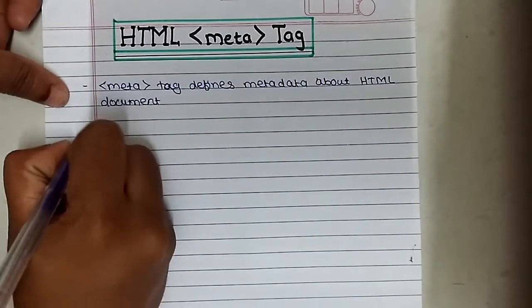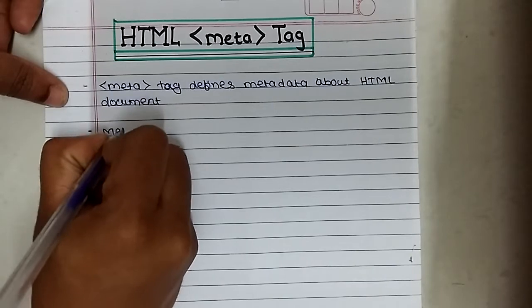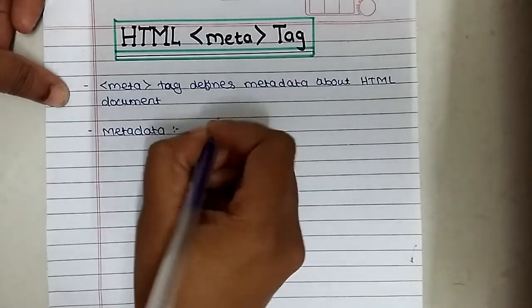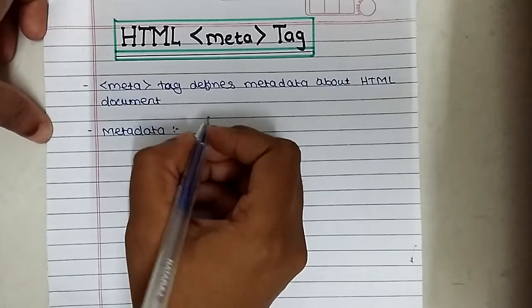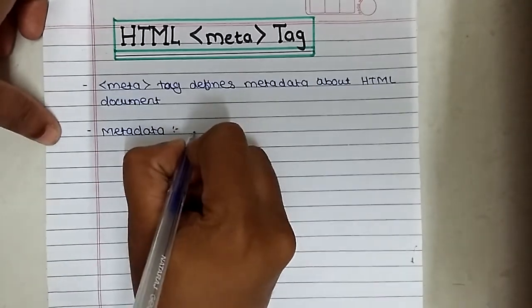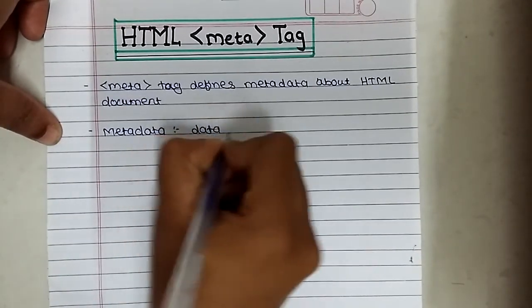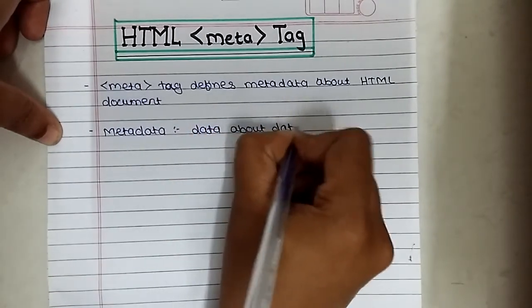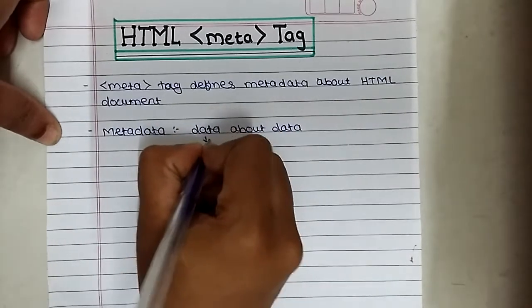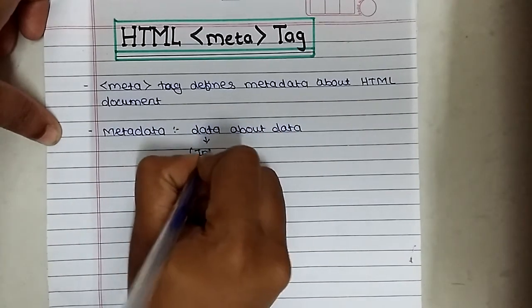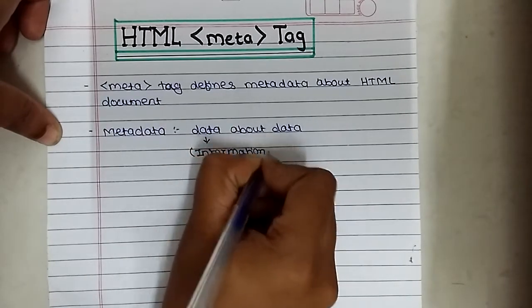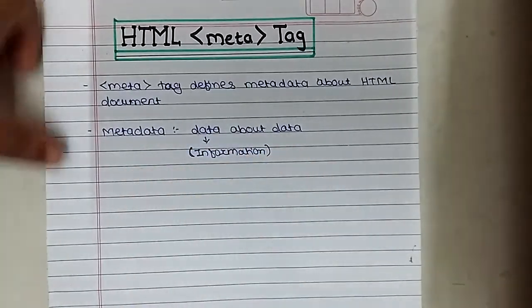The next concept is what is meant by metadata. Metadata is data about data. Data is also called information.